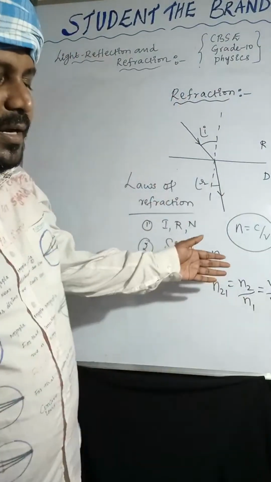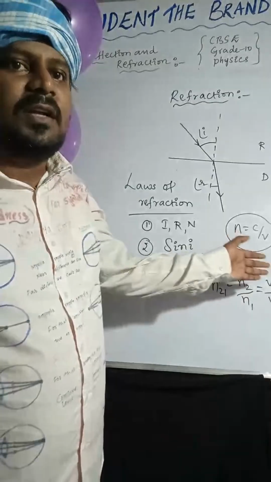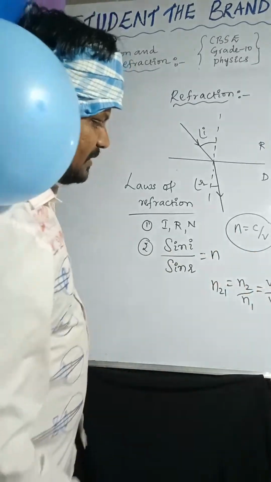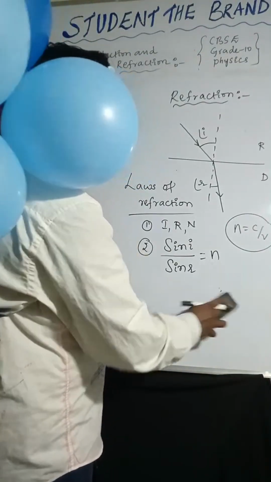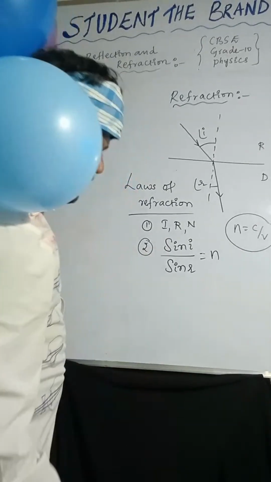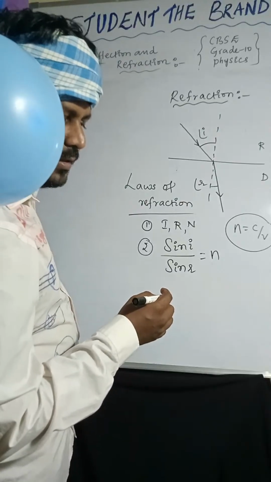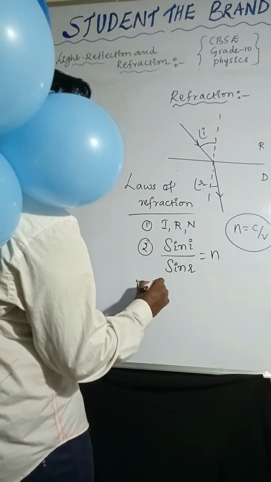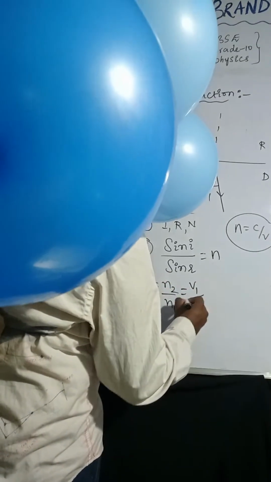Here you can observe n21 equals n2 by n1 equals v1 by v2.